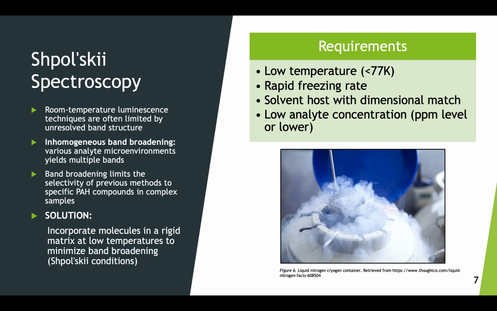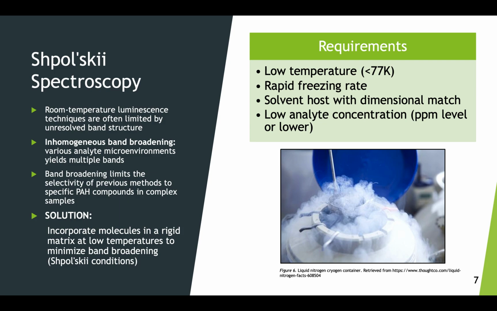So leading into Shpol'skii spectroscopy, although the methods talked about before are good for separating and identifying those 16 EPA PAHs, that list does not include thousands of PAH compounds, many of which cannot be separated via those chromatographic methods provided by the EPA. The reason for this is that room temperature luminescence spectroscopy techniques are often limited by unresolved band structure, so broad band structure.